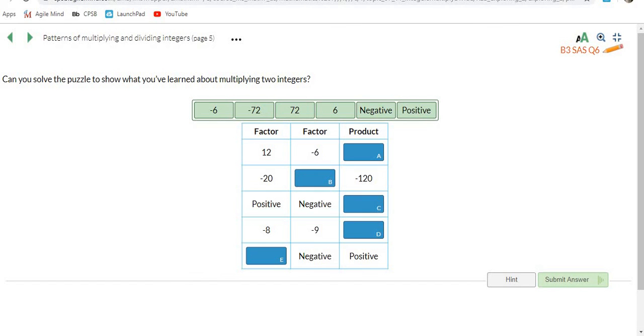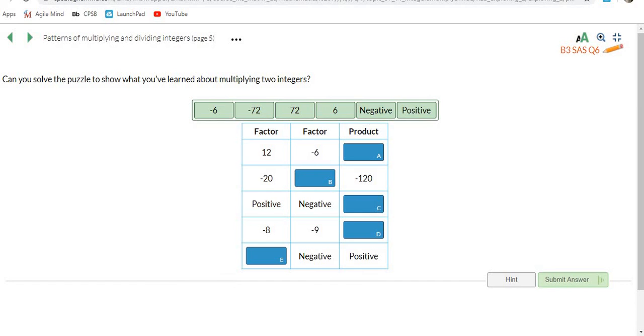I see a positive times a negative. Should my final answer be a positive or a negative? A negative. So that means the only 2 options I have to put in that space is -6 or -72.